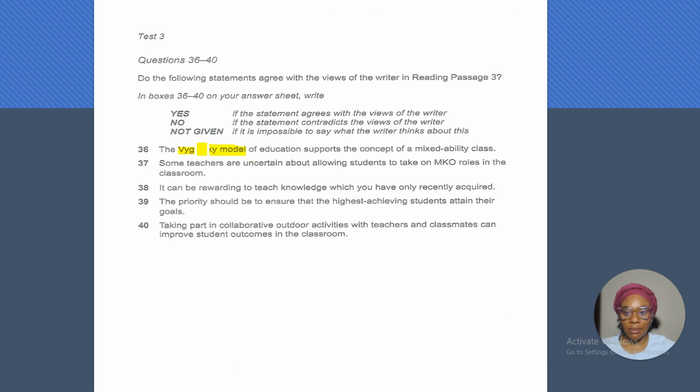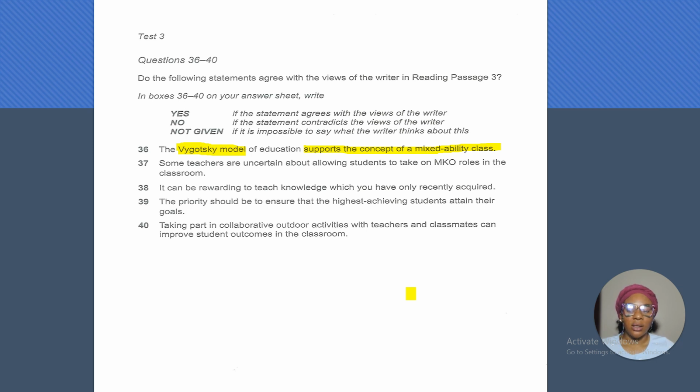This particular question is about this model of education supporting the concepts of mixed ability class. So the statement is saying that it supports the concept of mixed ability class. We are going to have to go to the passage to find out whether this is true or false, or it's not there.